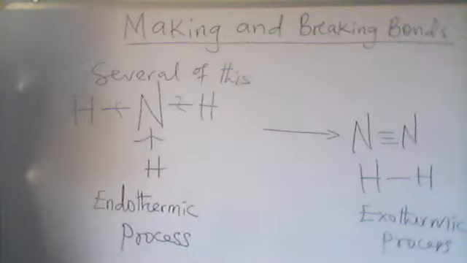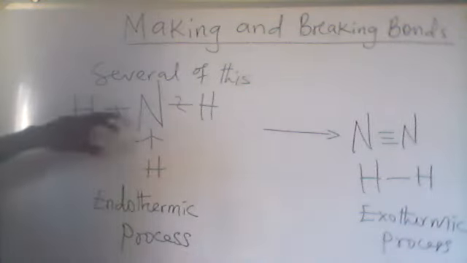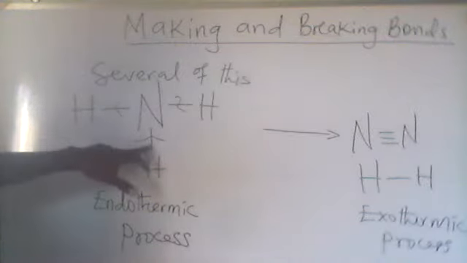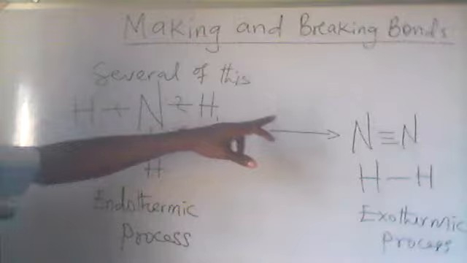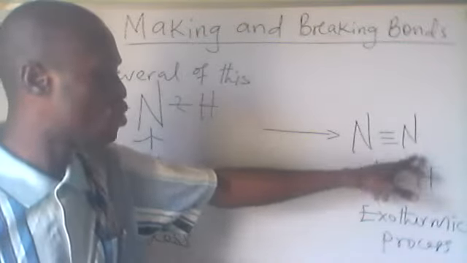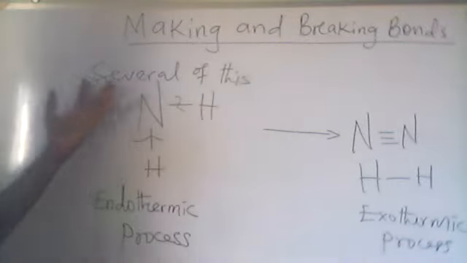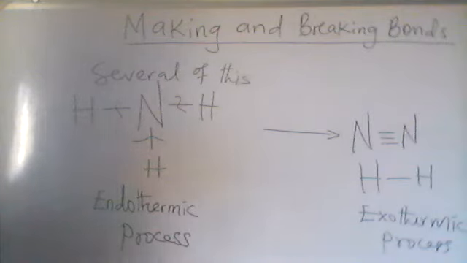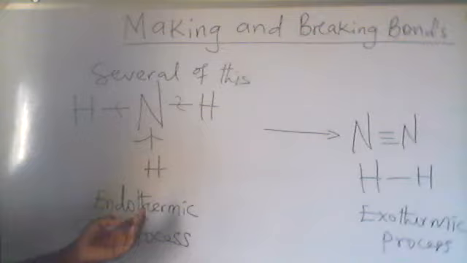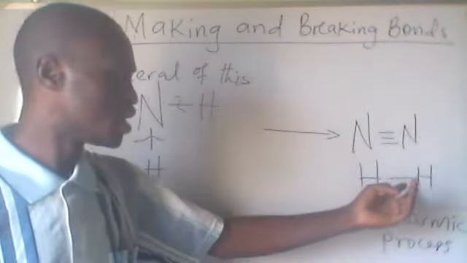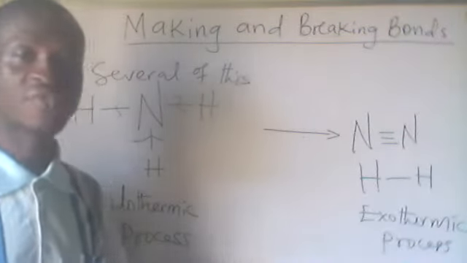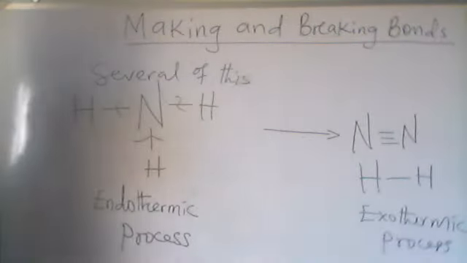So now for this bond is broken, these 3 bonds are broken, and then new sets of bonds are formed between the atom. So we said that the energy that is required to break the bond here is an endothermic process, and then here we have exothermic process.